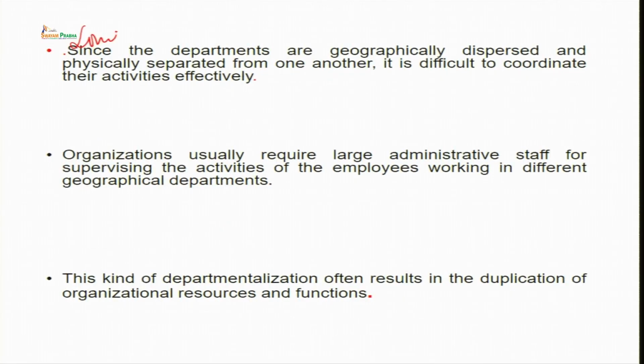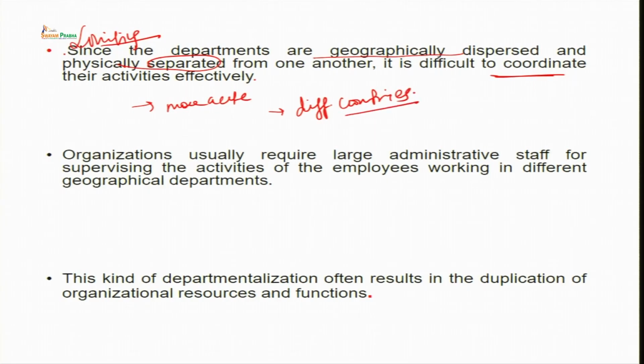But the limiting factor of geographic departmentalization can be, since departments are geographically dispersed and physically separated from each other, it is difficult to coordinate their activities effectively. So, this problem may become more acute when the departments are located in different countries and they are separated by 1000 miles apart.